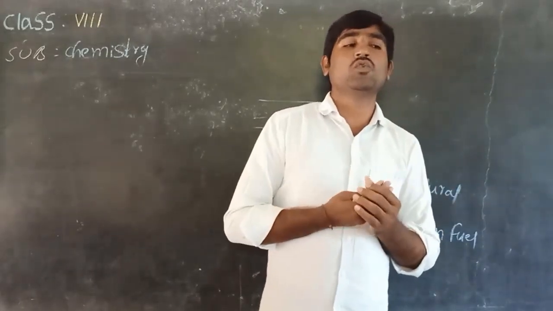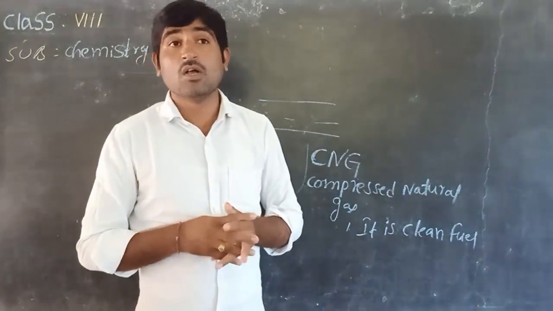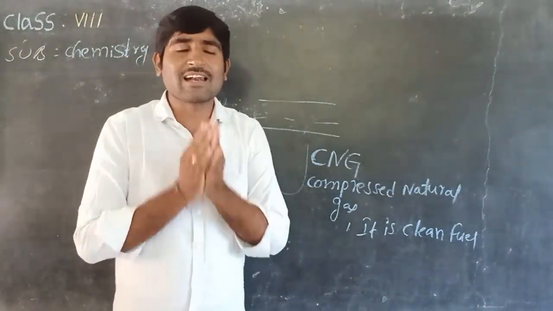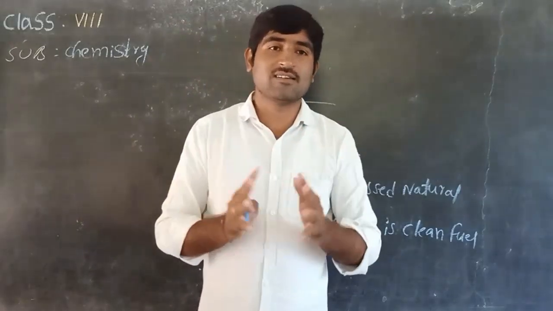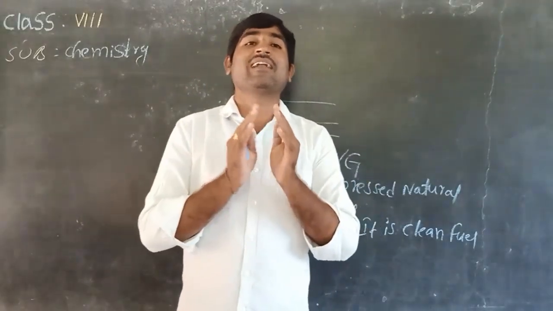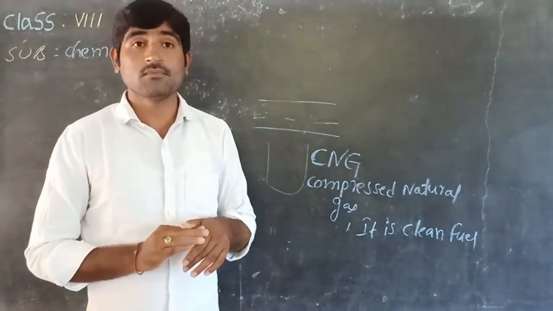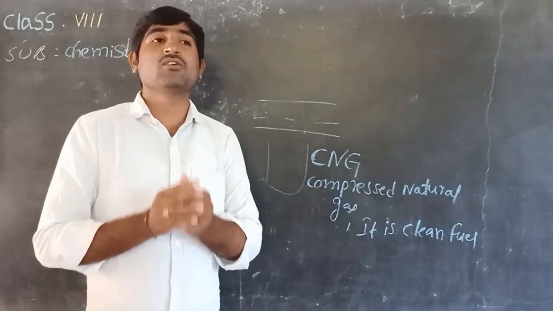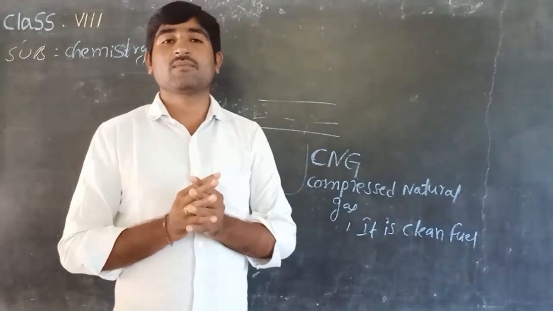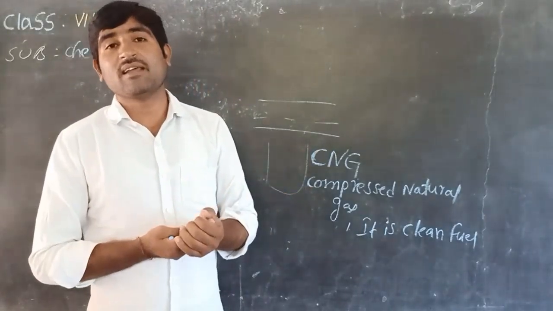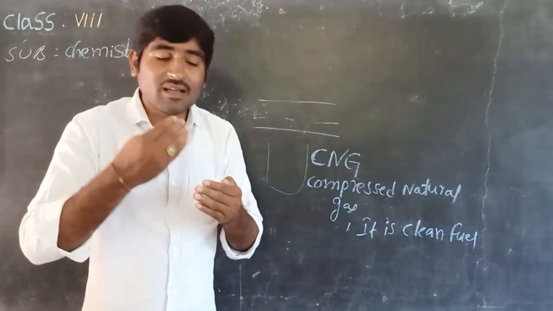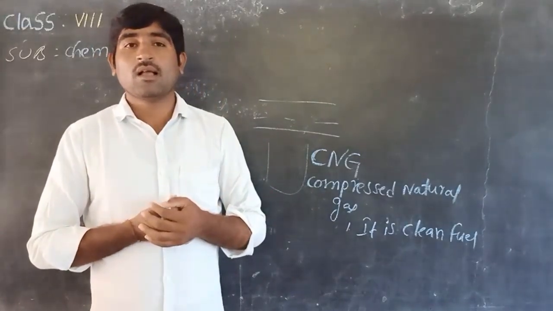For that, what do we need to do? How can we save the fossil fuels? Don't use the vehicles unnecessarily. Don't cut the trees unnecessarily. If it is possible, plant trees. By using vehicles unnecessarily, we are consuming fossil fuels.